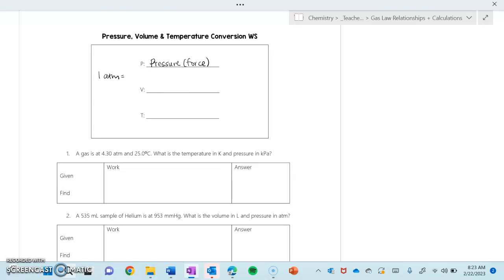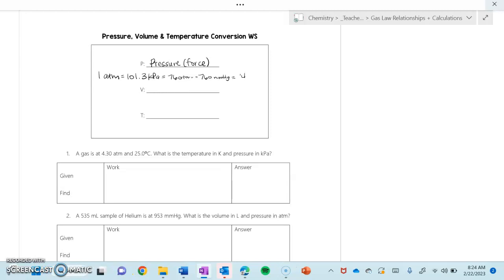So 1 atmosphere, we've already talked about that, 101.3 kilopascals, 760 torr, 760 millimeters of mercury. Torr and millimeters of mercury are basically the same thing, just a different unit. And 14.7 psi.